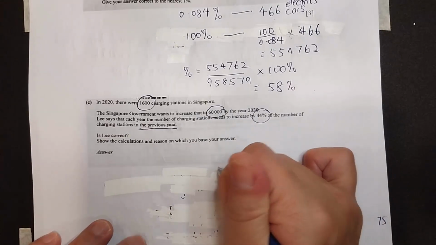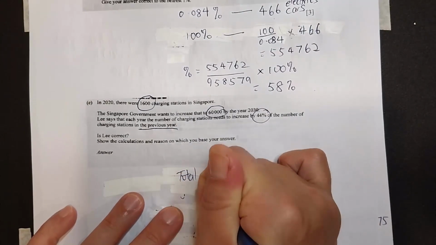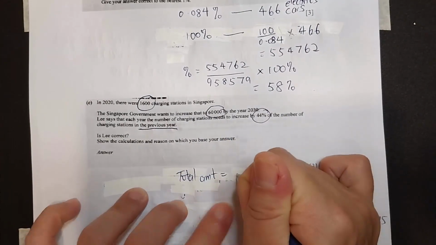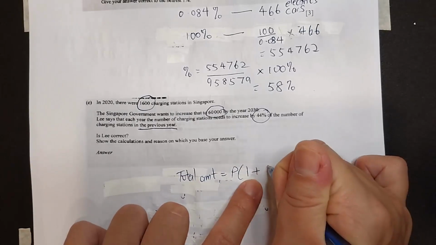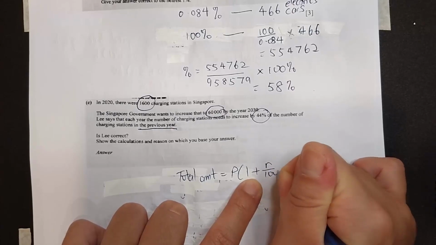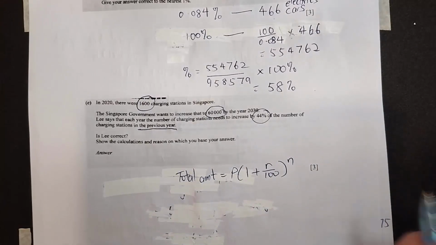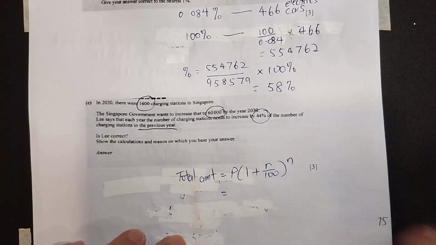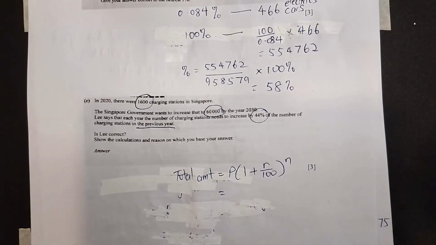So the total amount will be equals to the original and the percentage that we are increasing over the number of years. Because we are increasing based on the previous year, it is a compound question. In this case, it's not really interest, but you're using the same formula like compound interest.